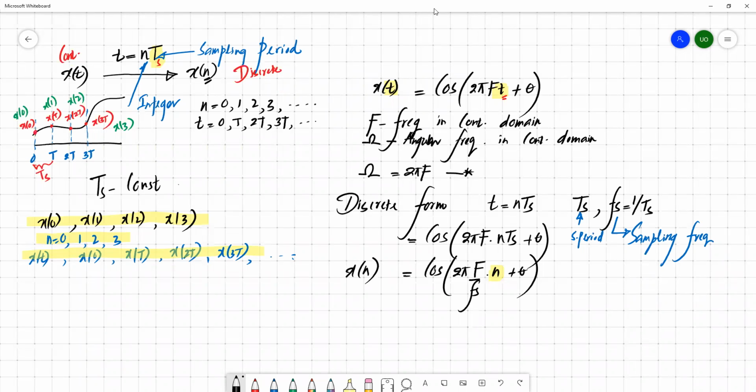By looking at this component, we can define two parameters for the discrete domain as well. One is the discrete frequency, the frequency in the discrete domain.